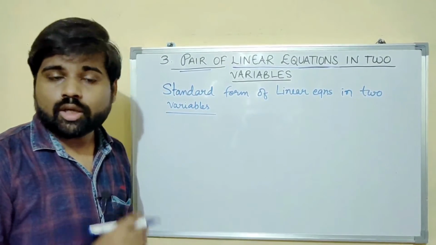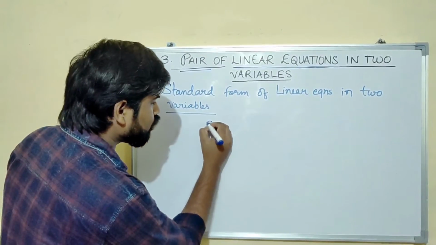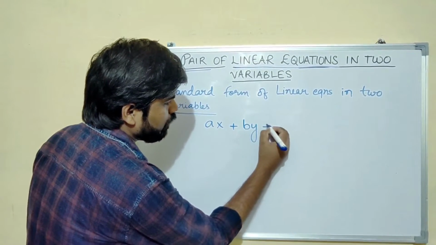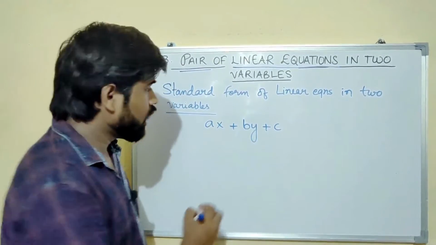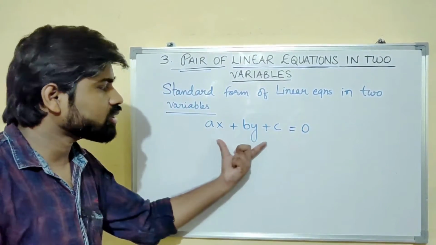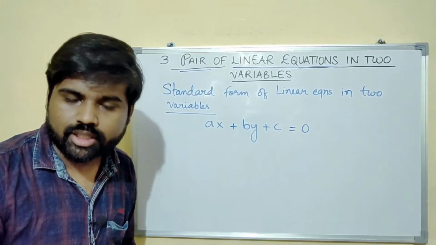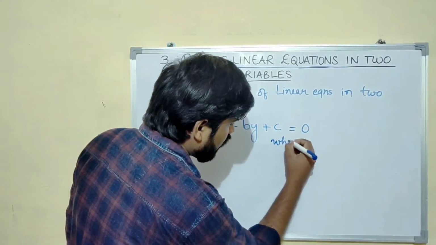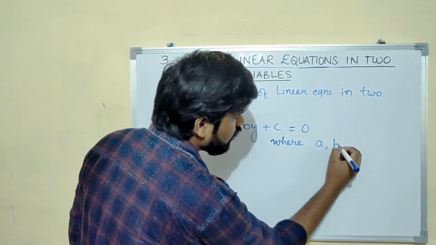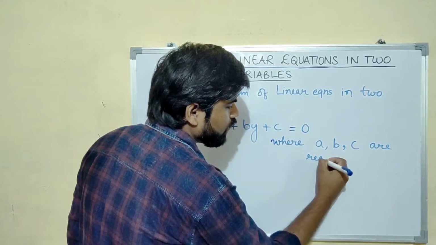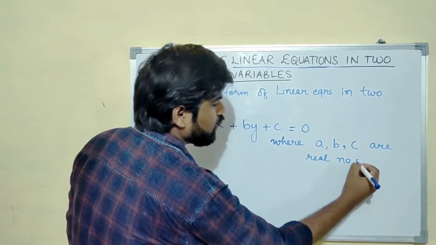Now what is the standard form? Standard form is ax plus by plus c equals 0. This is your standard form of a linear equation in two variables, where a, b, c are some real numbers.